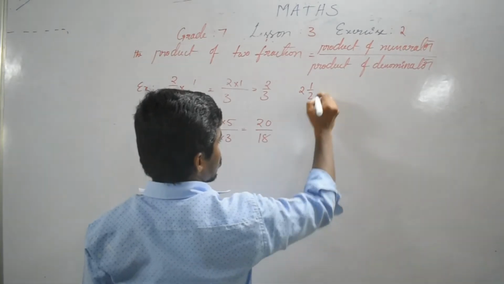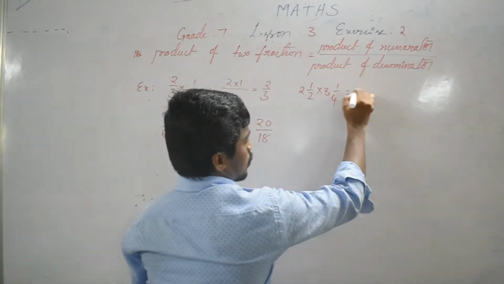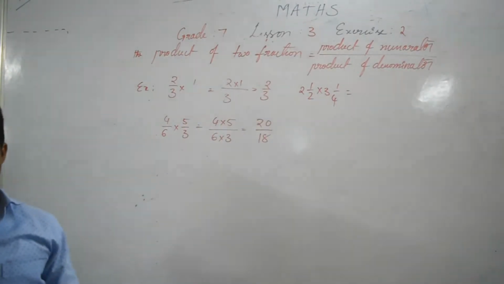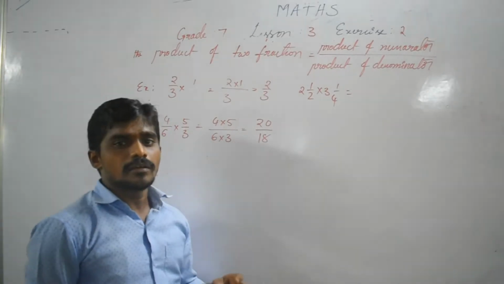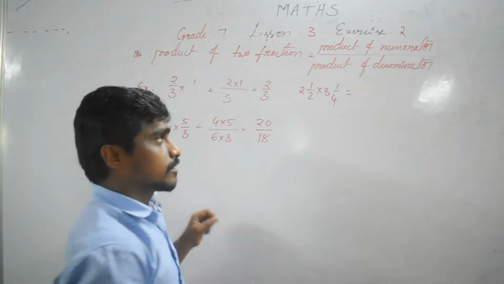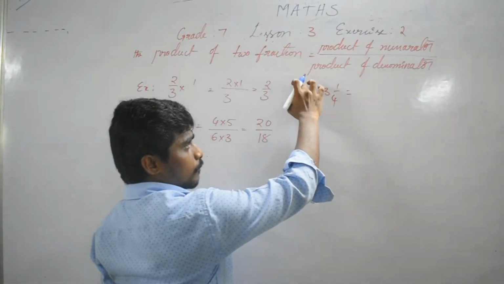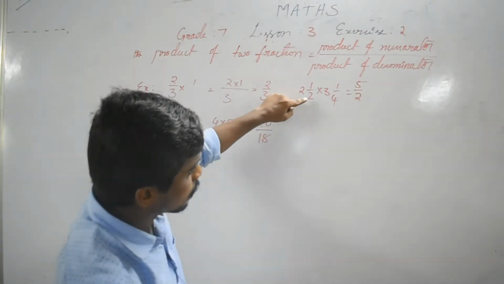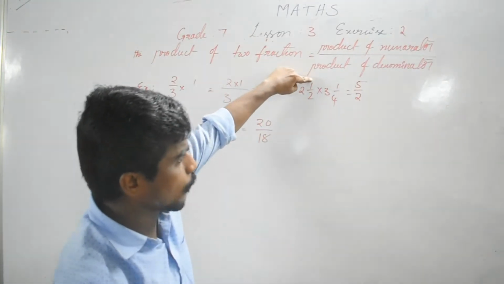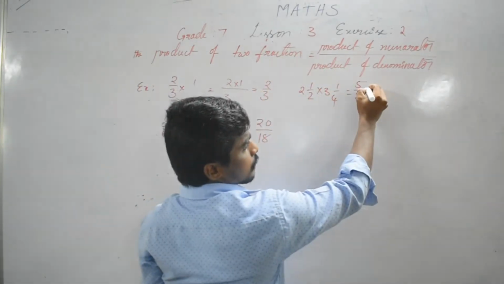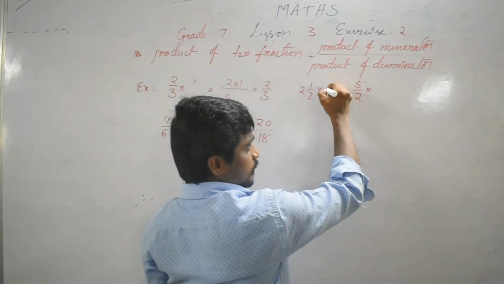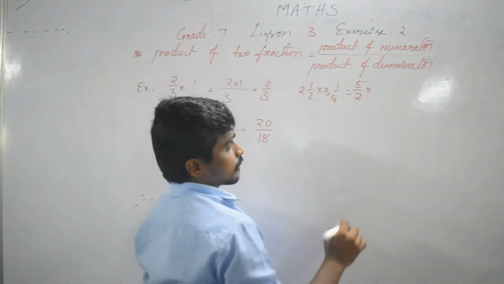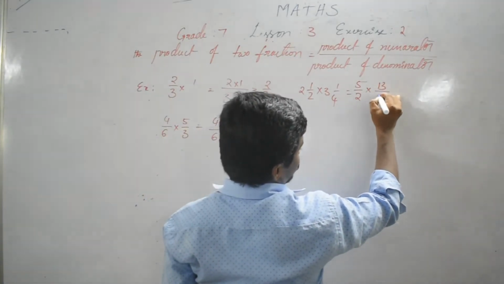2 1 by 2 times 3 1 by 4. How do we multiply? Both are mixed fractions, so convert the mixed fractions to improper fractions. 2 2s are 4, 4 plus 1, that is 5 by 2. 4 3s are 12, 12 plus 1, that is 13 by 4.